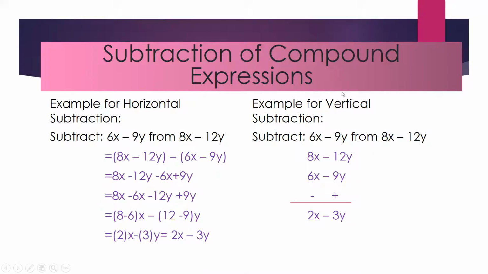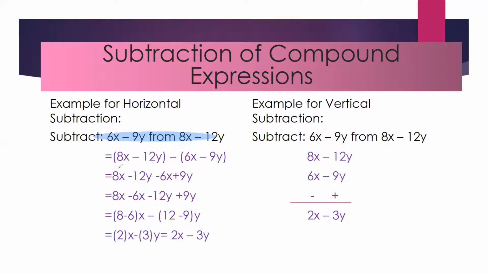How can we solve if there are compound expressions? If there is a compound expression, the method is the same, the two rules I told you. So here the question is: subtract 6x minus 9y from 8x minus 12y. Look at the question carefully. Which term is going to be written first? The term which is written after "from" is going to be written first.